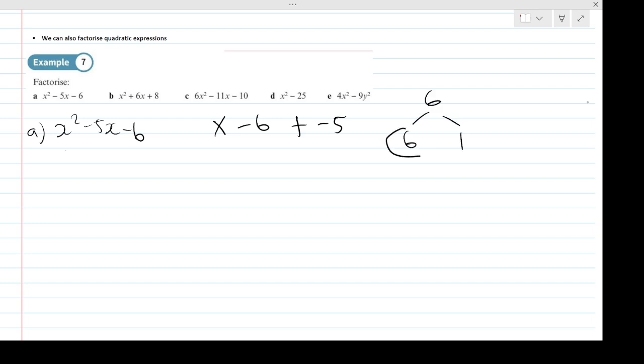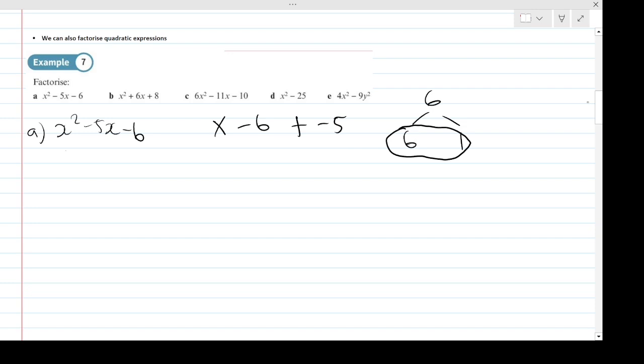I think we can, because I can recognise 6 minus 1 would give 5. So there's some way I can tag a negative on one of the numbers, or both, to get a negative. As long as they're different, I can somehow subtract these two numbers to get minus 5. That's a successful pair.